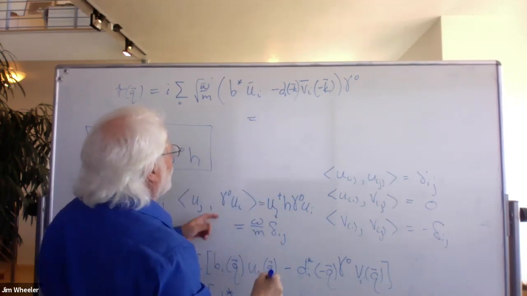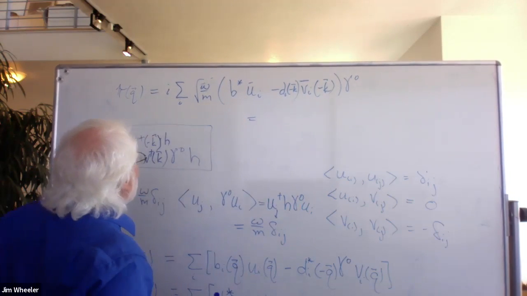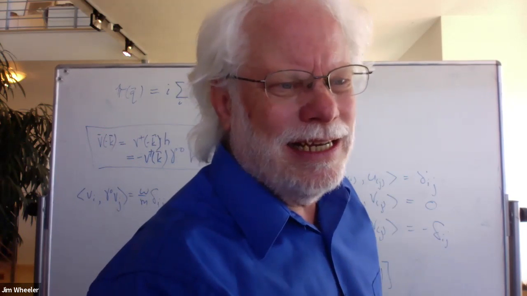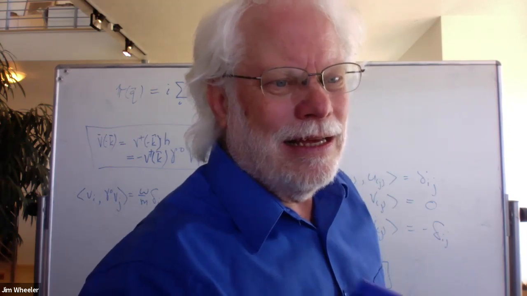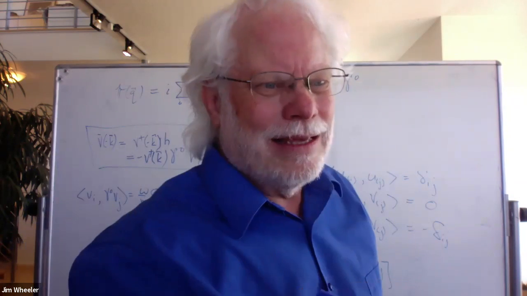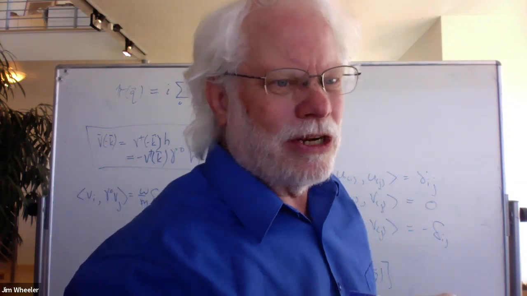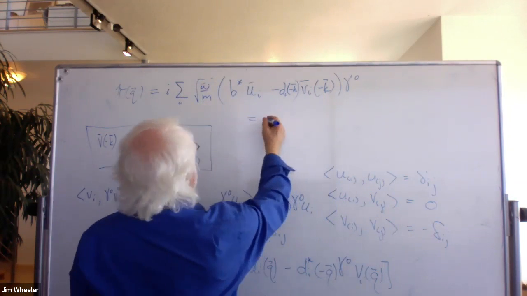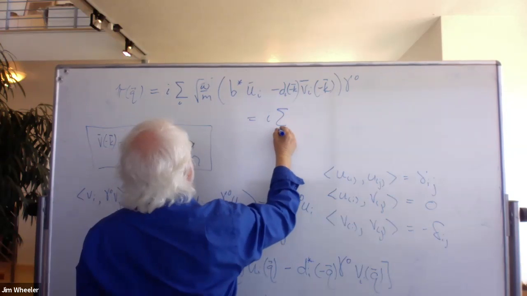But now we want to replace this V of minus K. So let me double check that. Yeah, that's going to insert another gamma 0. So the first part is the same.